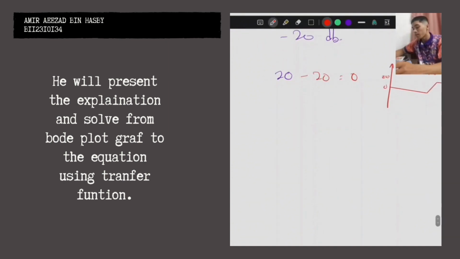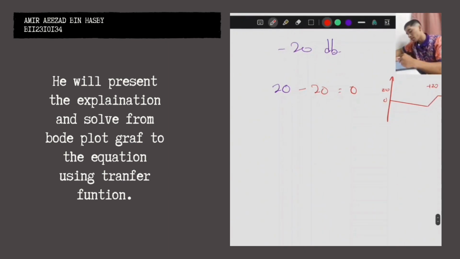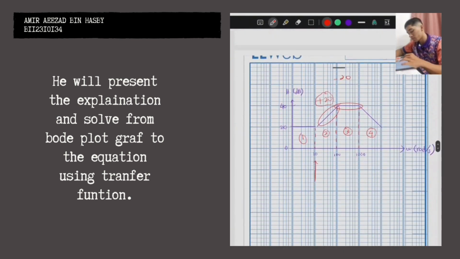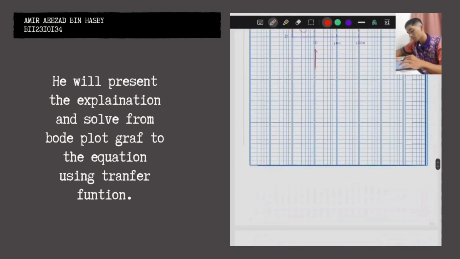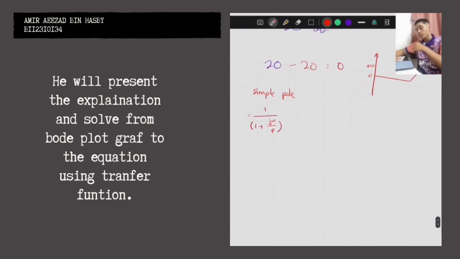So for the simple pole, or for the third part, the equation will be based on the transfer function. The x-axis is omega, radian per second.